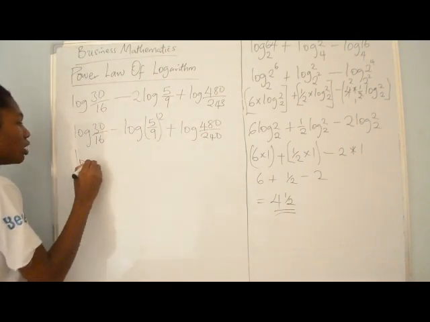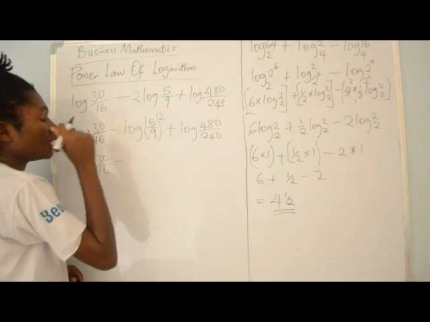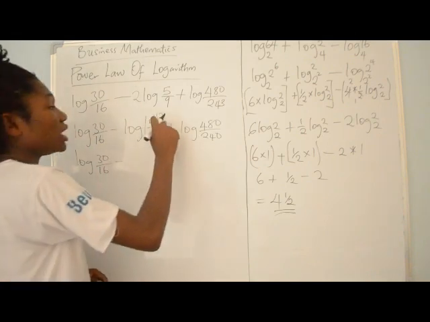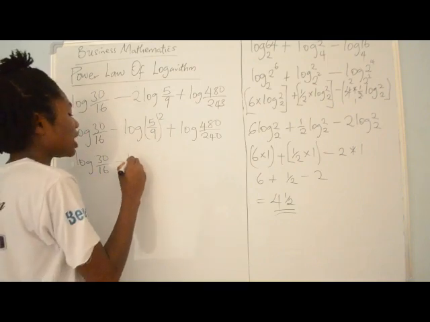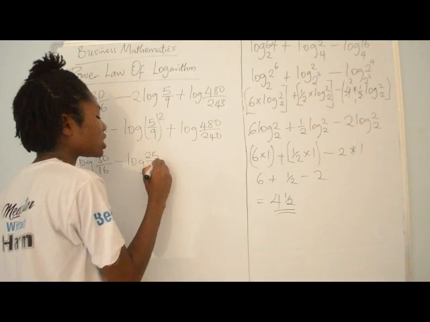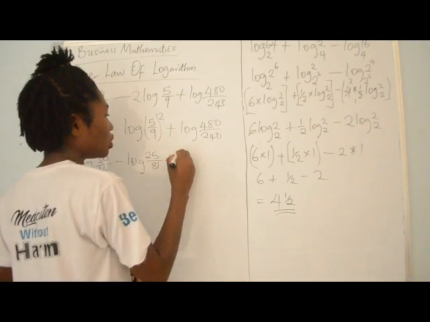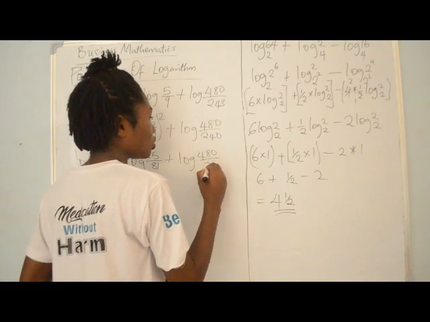Now, in opening our bracket, we'll be taking the square of both the numerator and the denominator, okay? So we'll be having log 5 squared is 25 and 9 squared is 81, alright? Then plus log 480 over 243.